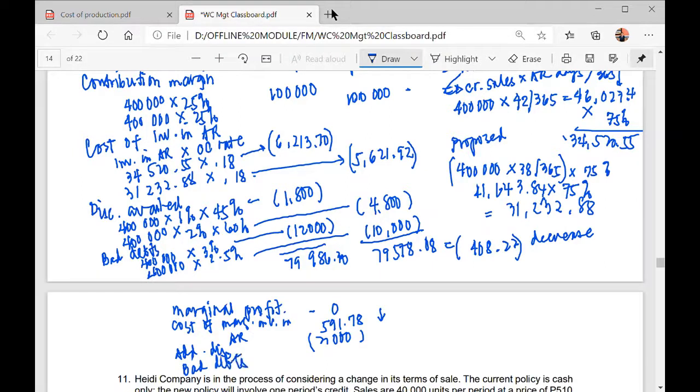Nigamay, di ba? Nigamay siya from 12, nahimo siyang 10. So na ay decrease by 2,000. So therefore, this is positive kay decrease man. So therefore, na ay net effect nga 408.22. And again, mas dako man ang 3,000, so that's a decrease in net profit.